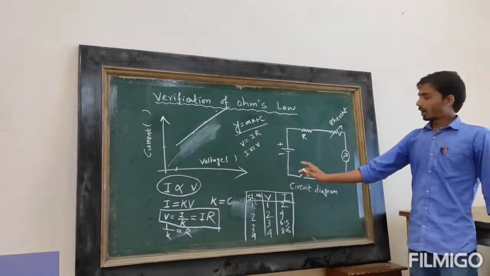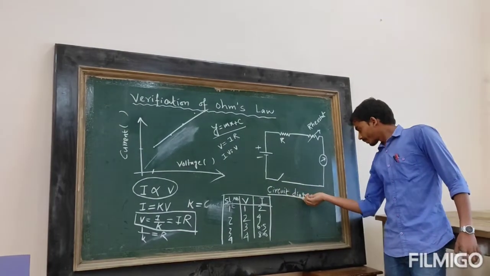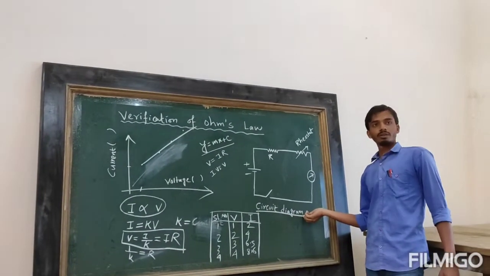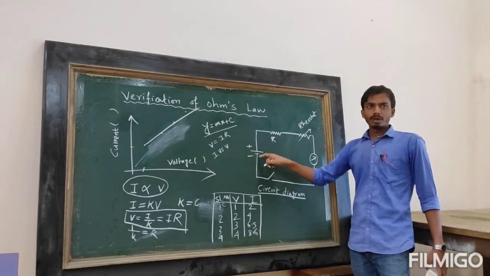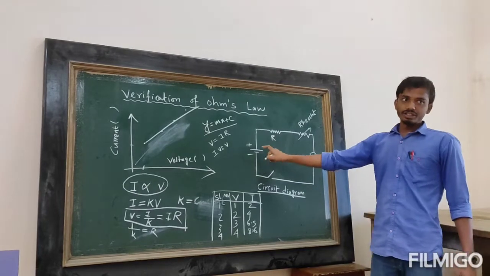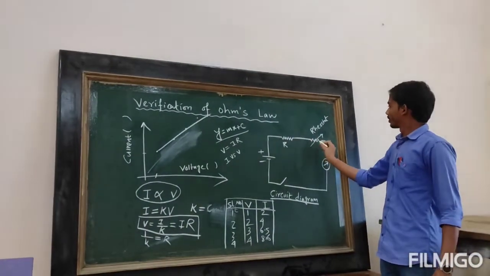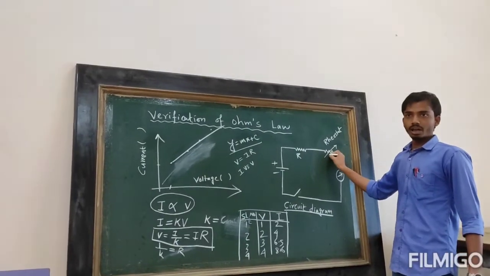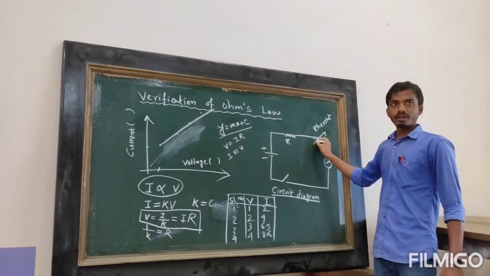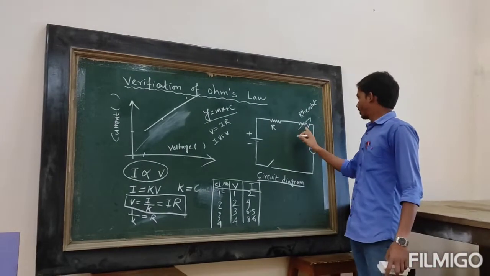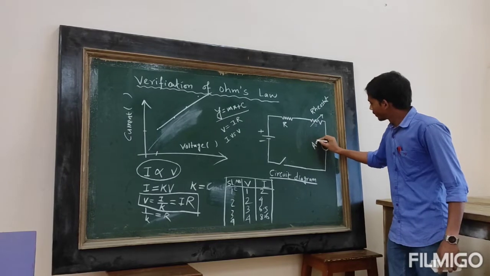I will go to the circuit diagram. This is the DC power supply. Next is the resistance. This is a rheostat. How many of you know the rheostat? Do you see the rheostat? I will introduce it. Today we will see the rheostat. And this is your ammeter.